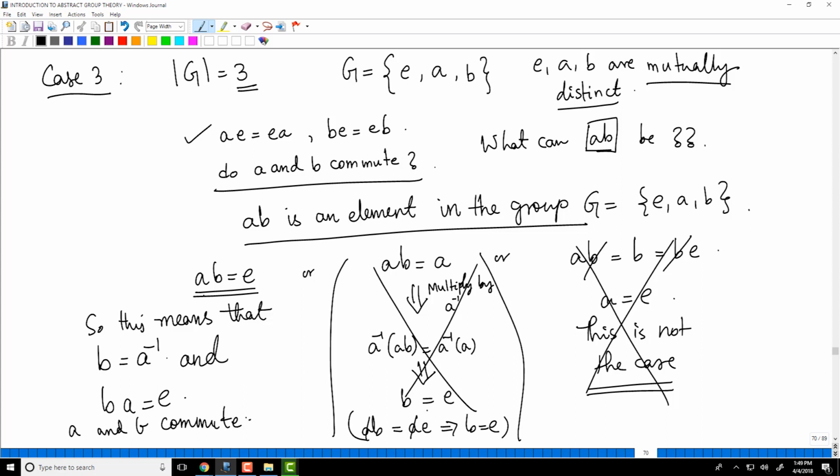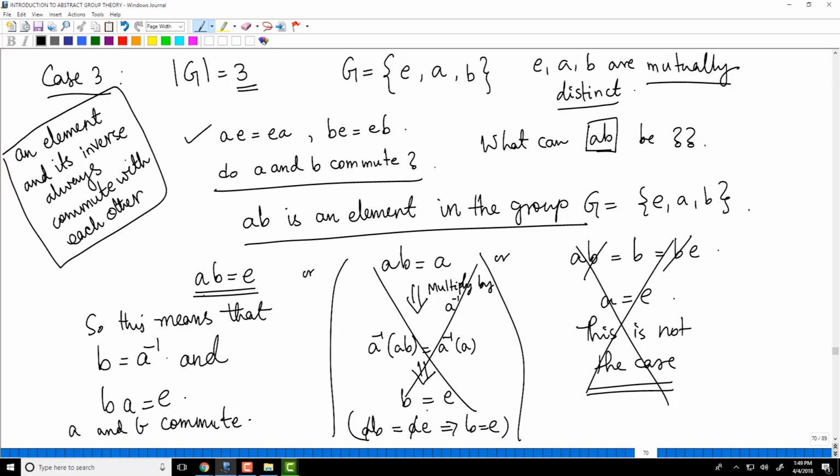The important point here, just like I said earlier that every element commutes with the identity, is that an element and its inverse always commute with each other. In this case A and B are inverses of each other and they commute. So, AB equals BA.